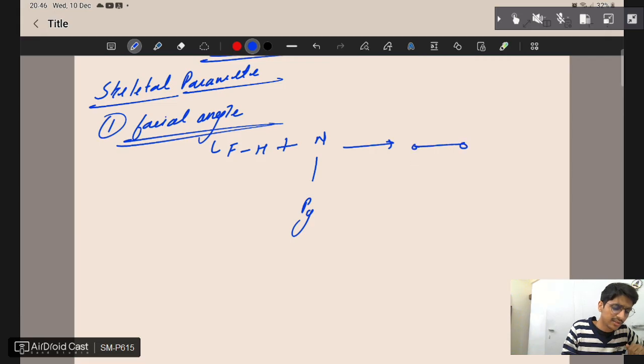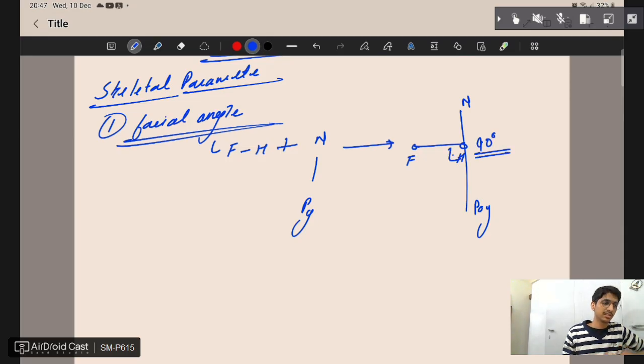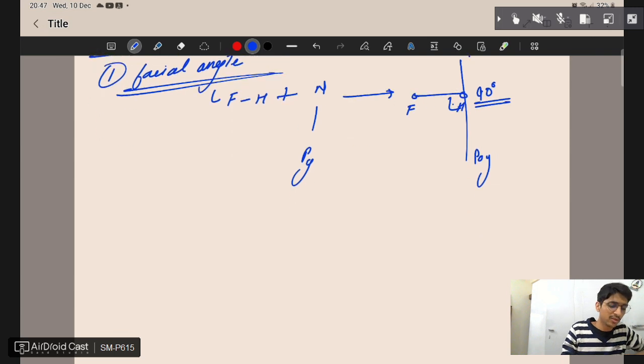This is your FH and this is your NPOG. Its average value is 90 degrees. So guys, what is the significance of this? In normal cases, it is 90 degrees.